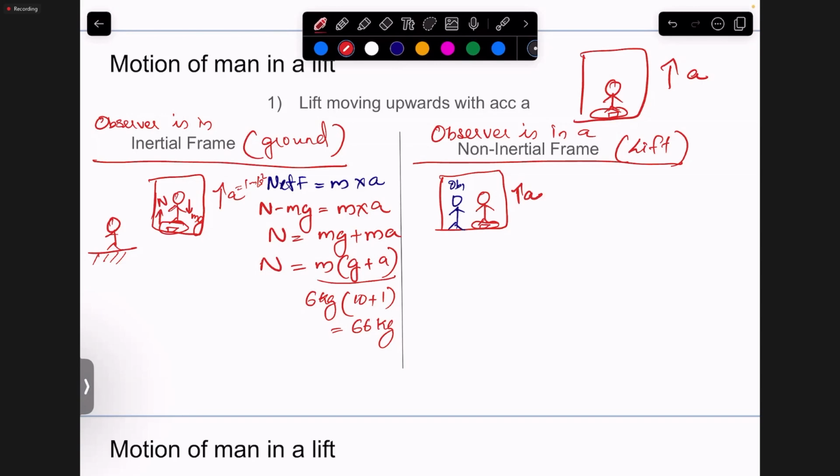So the relative change in position is always zero. He won't perceive the motion of the passenger. So for him, this man is at rest.